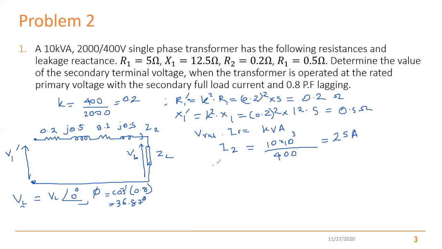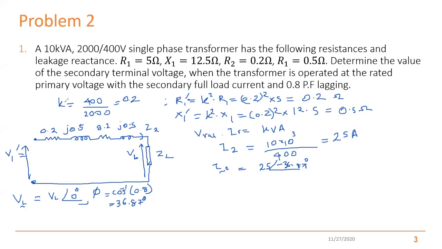So now I can write the I2 phasor as 25 at angle minus 36.87.